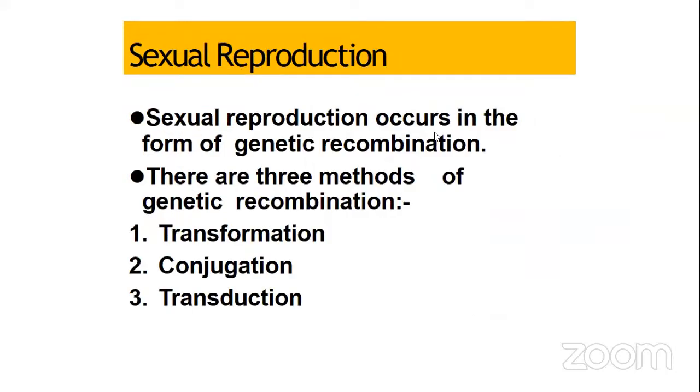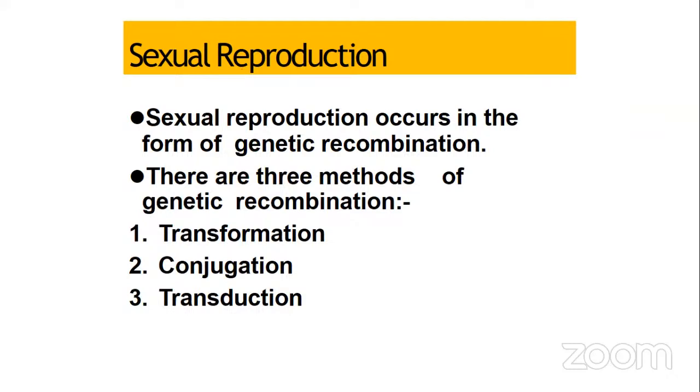sexual reproduction. I already told you what sexual reproduction is: reproduction through gametes. But what happens in bacteria? Is there any gamete formation or any sex organ in bacteria? No, sir.